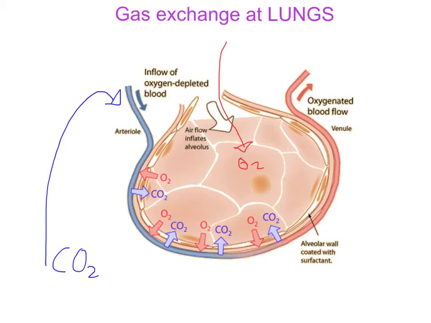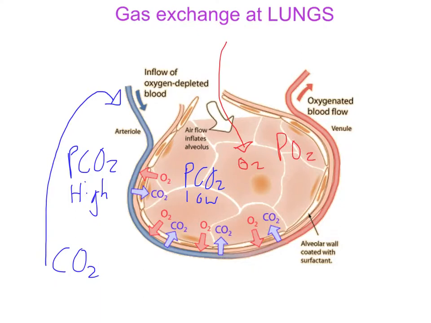So what we then say is that in the blood here the pressure of carbon dioxide is high, and obviously the pressure of carbon dioxide in the lungs is low because there's not much in there. At the same time, the pressure of oxygen in the alveoli within the lungs is high because we've just breathed it in, and in this blood the pressure of oxygen is low.